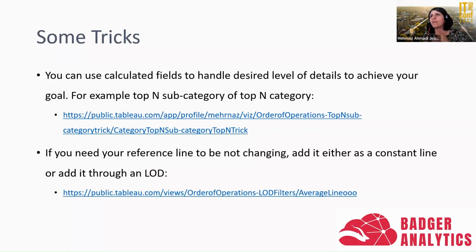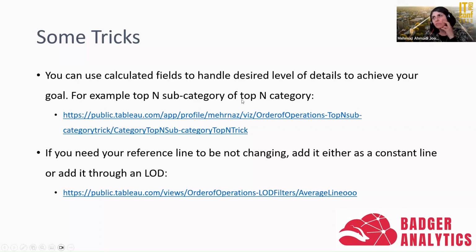For example, if I want to have a top N subcategory of top N category, if I just have two top Ns natively, they act independent of each other. And you won't be able to do this.